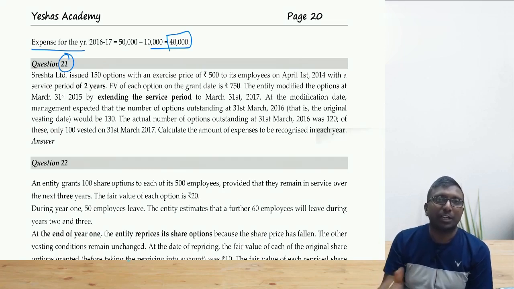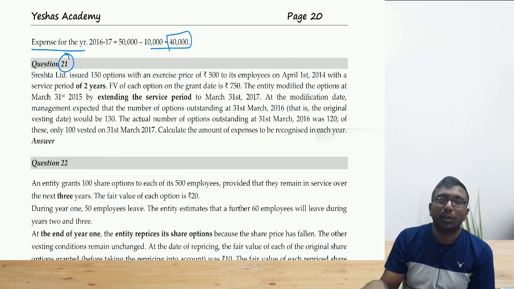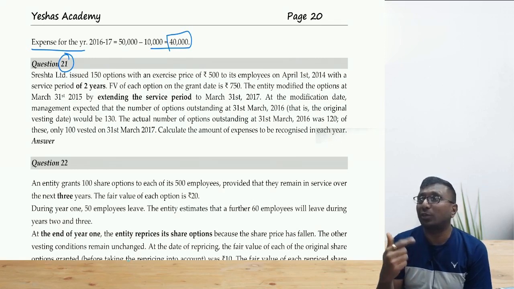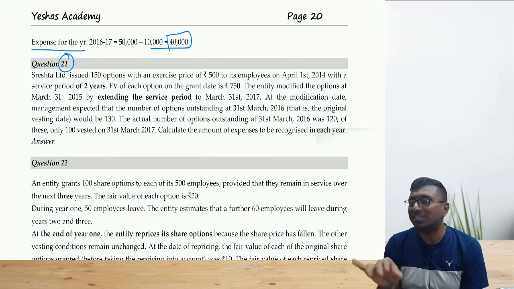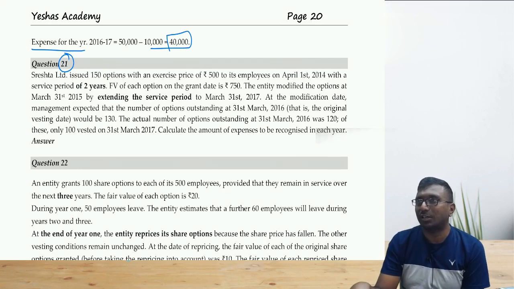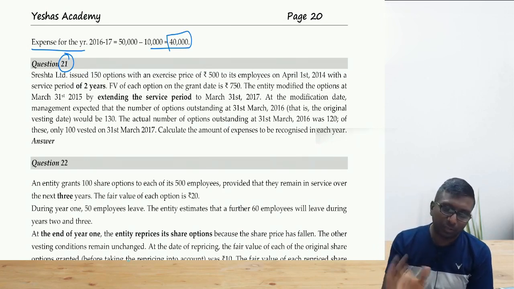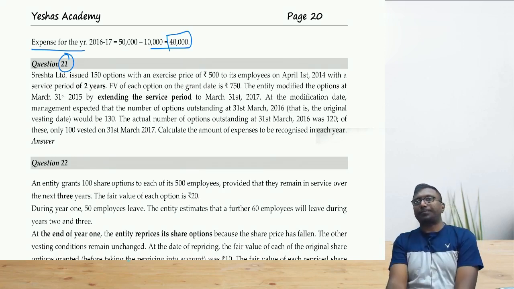But at the end of the day, when there is a vesting, only 100 people are there. On the 20 excess provision, reverse it. Reverse it, not charging it to retained earnings. It is not vested, yet to vest. Understood? All right. That's all. You give the shares to those guys.